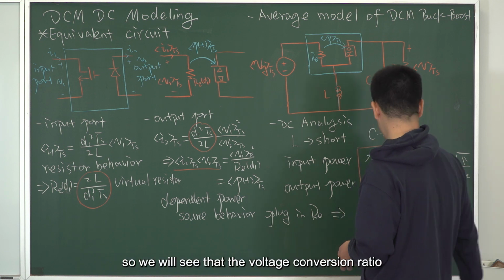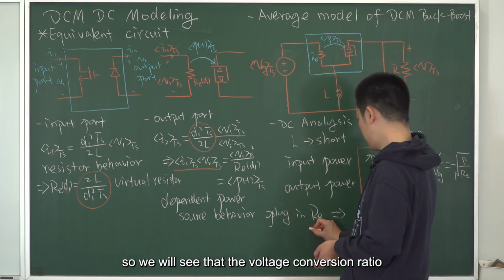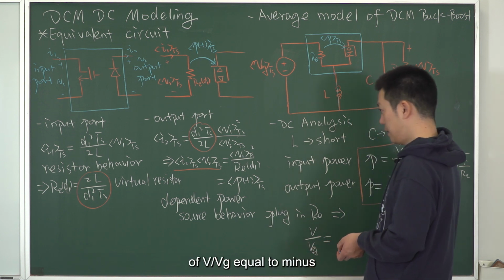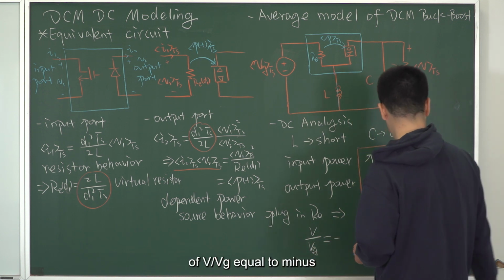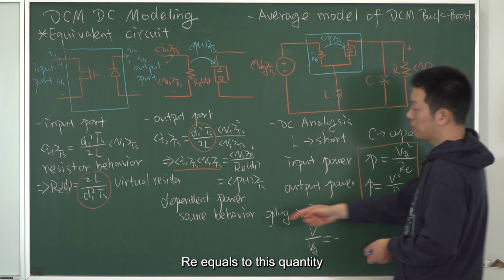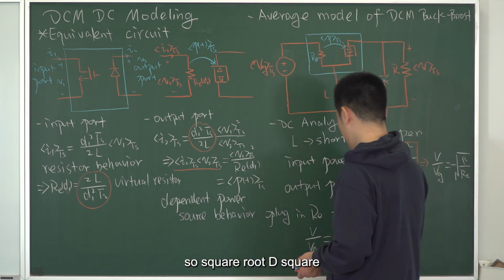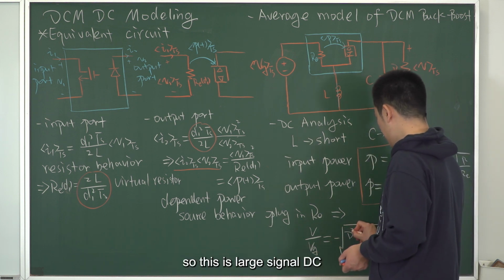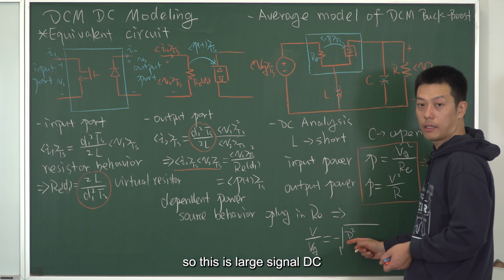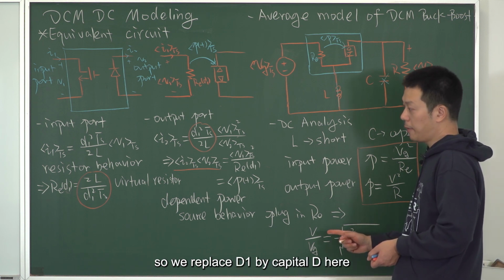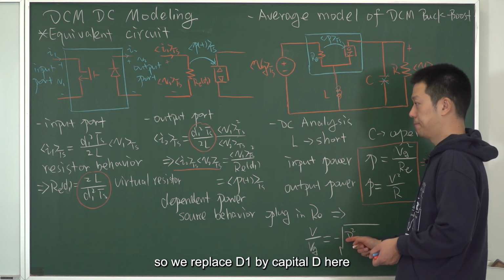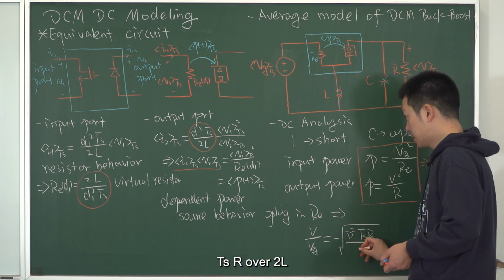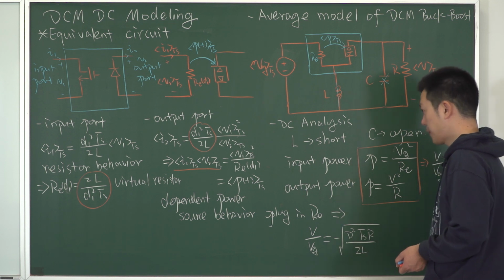So we will see that the voltage conversion ratio of V over Vg equals minus square root of D squared Ts R over 2L. This is large signal DC, so we replace d1 by capital D here.